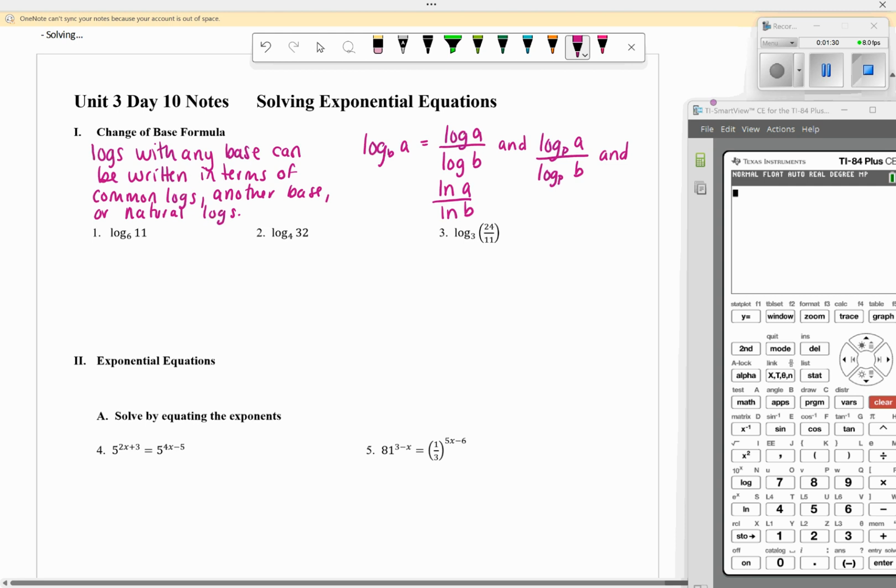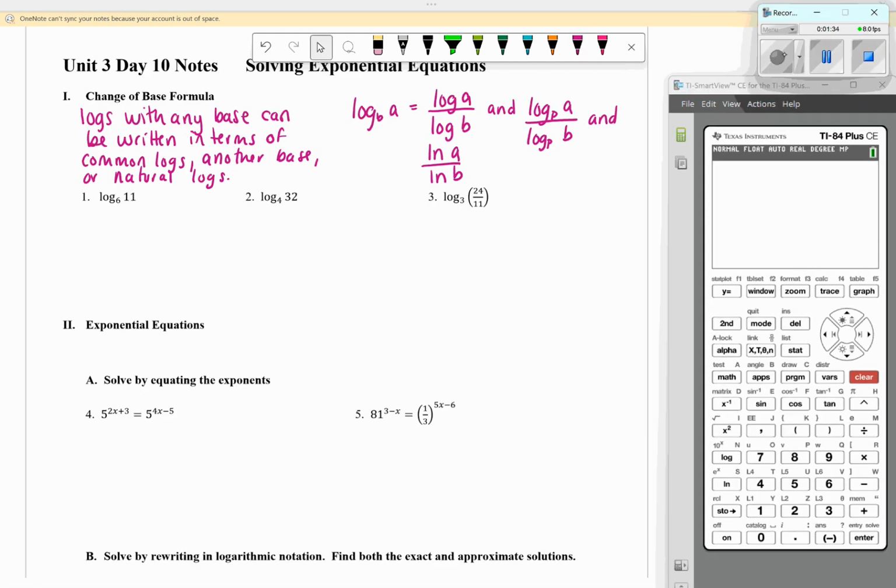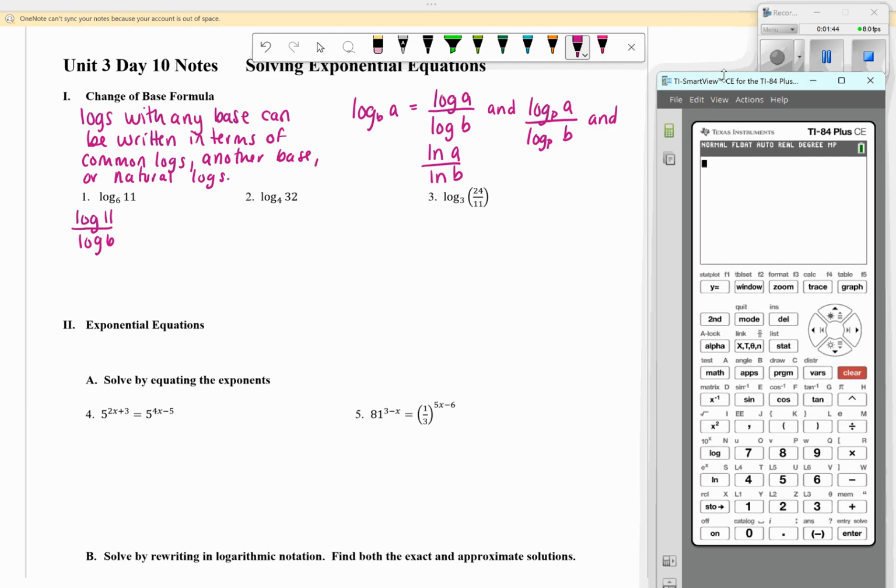So just to look at these first examples that we have right here, we have the log base 6 of 11, so we can write this as the log of 11 divided by the log of 6, and then in your calculator, the log button is next to the 7, so you just hit that.